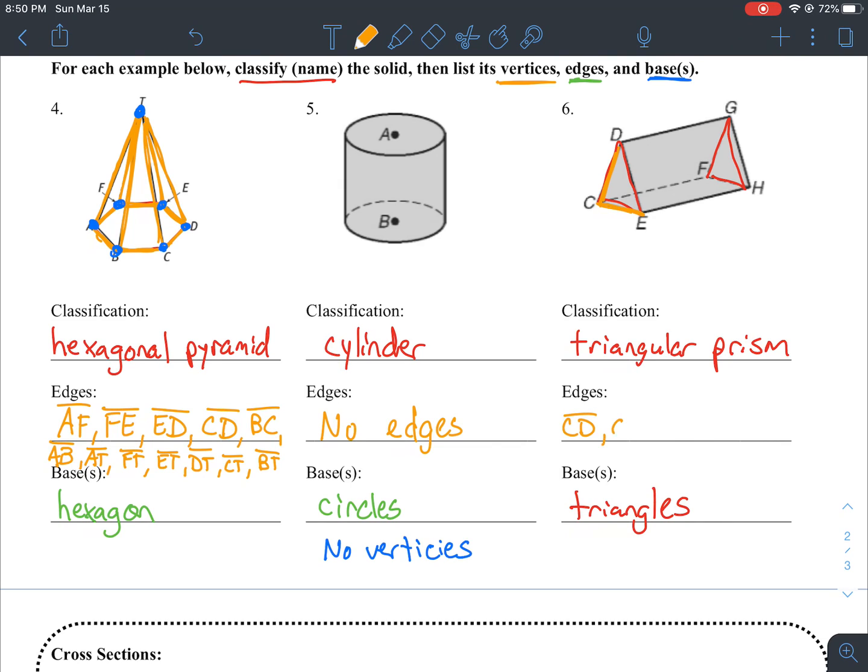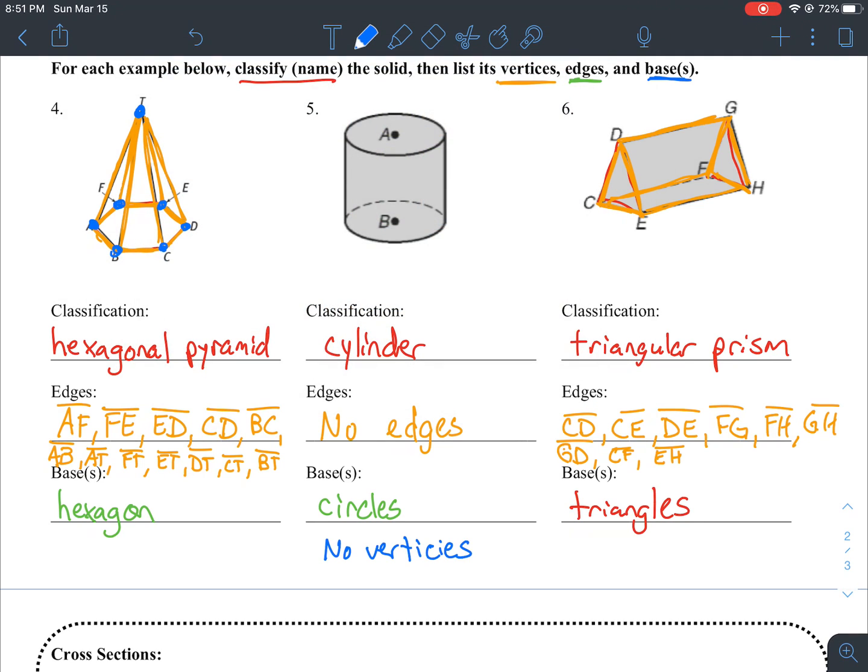CD, CE, DE. Go to the other triangle, FG, FH, GH, and then lastly the connector segments, DG, CF, and EH.